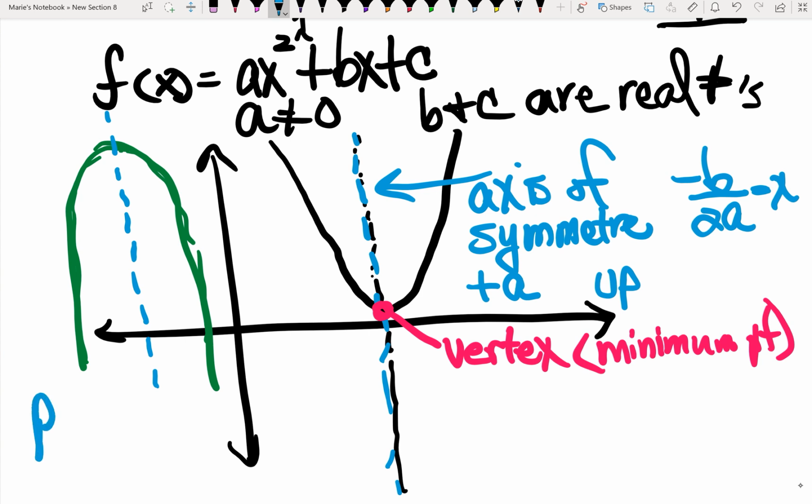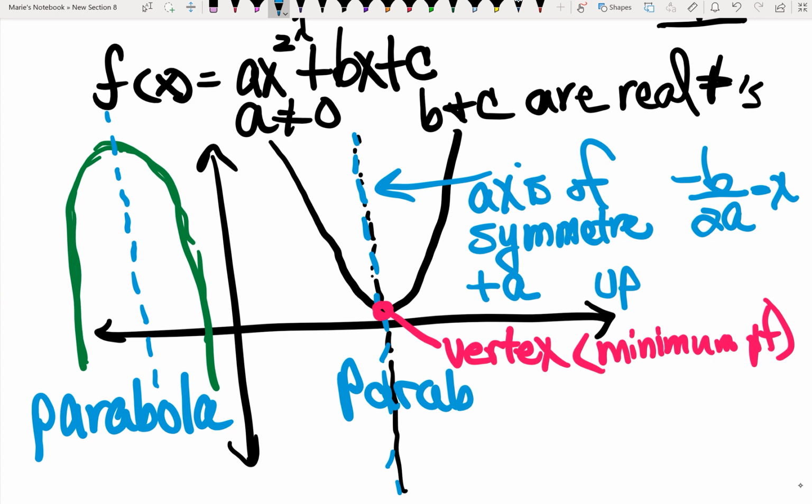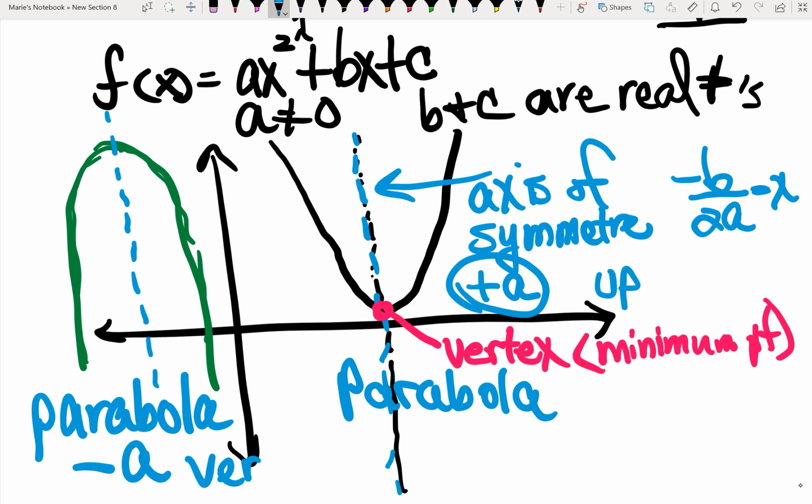Parabola is the name of the shape. You've probably heard it. This is also a parabola. They're both parabolas. It's just that in this one, a is positive, and in this one, a is negative. So when it's negative, it goes down. So in this case, the vertex is considered a maximum point.